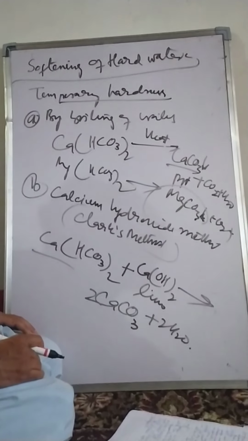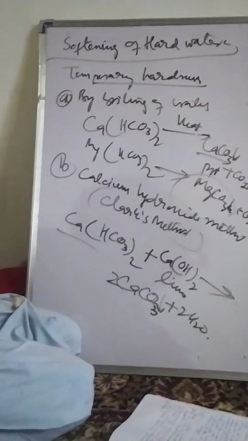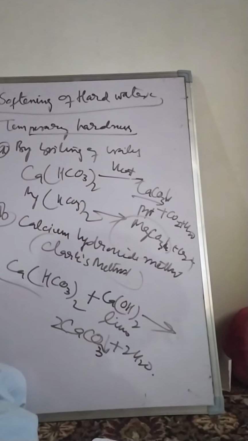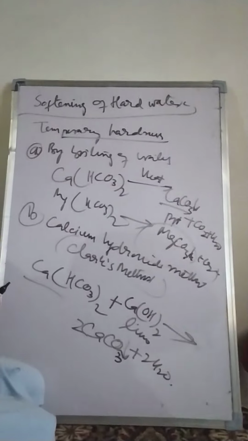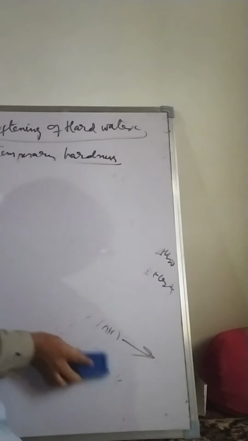You can see that calcium carbonate is a precipitate. It settles down or is removed by filtration, and we get pure water or soft water. So these are the two methods of removing temporary hardness of water.